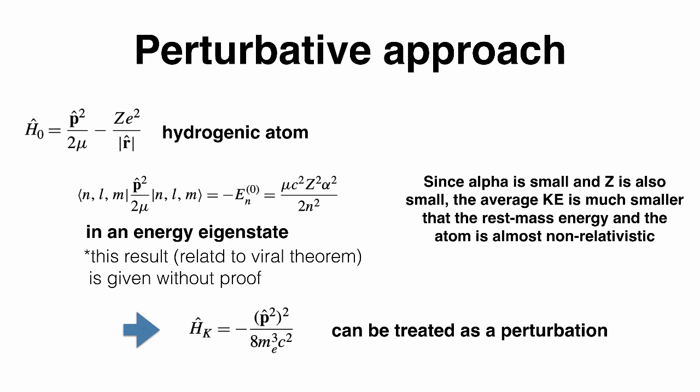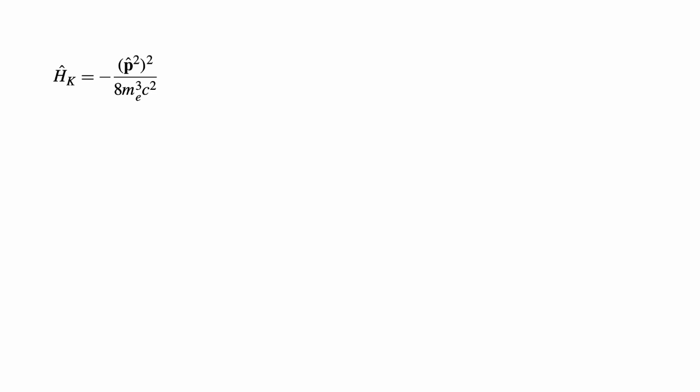Okay, so we find that the correction to the kinetic energy can be written as a perturbation that I'm going to write H_K, and it's obtained by this expression that we obtained from the previous slide, which was simply the first order correction to the kinetic energy due to the relativistic effect. And we're going to treat it as a perturbation. So this is the term we need to treat as a perturbation.